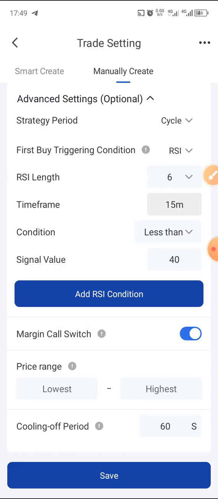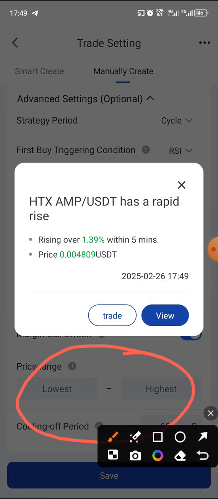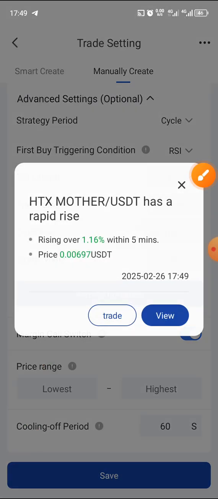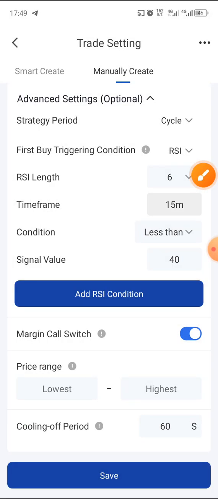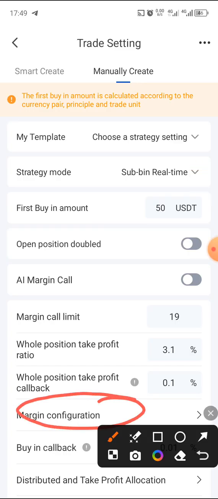Then the price range and highest range. Okay, for now just don't focus on this area here. So after setting that, come here on margin call configuration here.